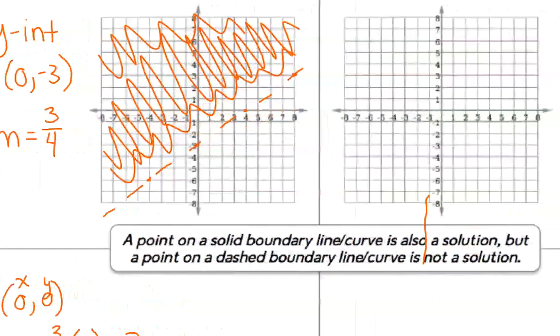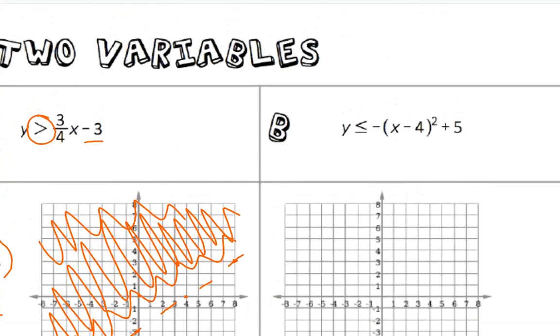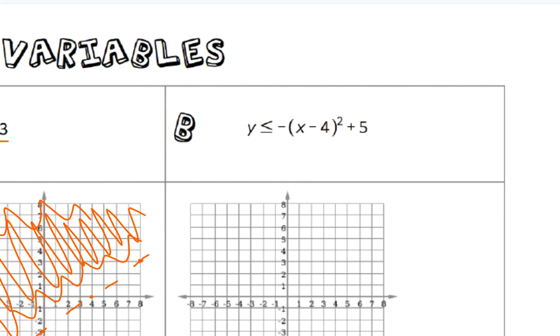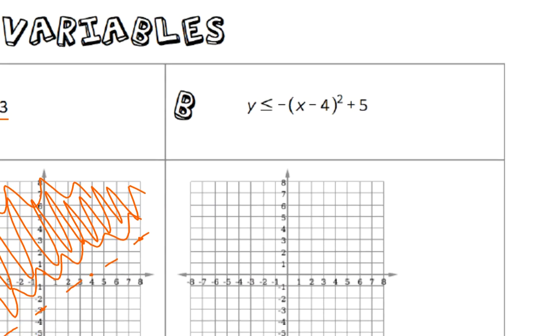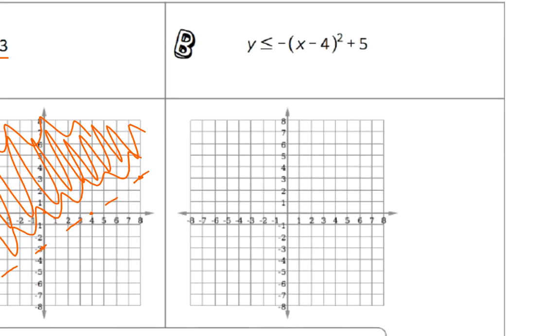We're going to do another example, but this time we are going to look at a quadratic function. This quadratic function is in vertex form, which helps me to identify what this parabola looks like, and then I can decide on my boundary line and shading after that. The first thing I know is that it has a shift right 4.